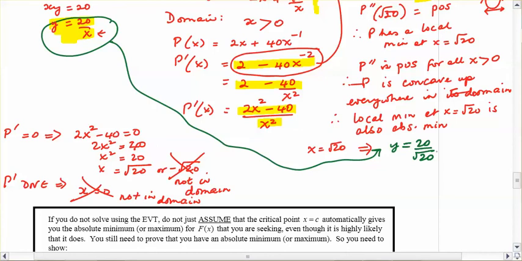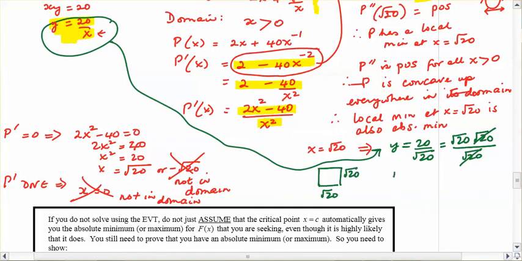Now you can simplify that by multiplying numerator and denominator by root 20, but a kind of neater trick is to remember that 20 could be made up of root 20 times root 20, and I was dividing by root 20, so when x is root 20, y is root 20. So I have my rectangle that is actually a square. The sides are root 20 by root 20.